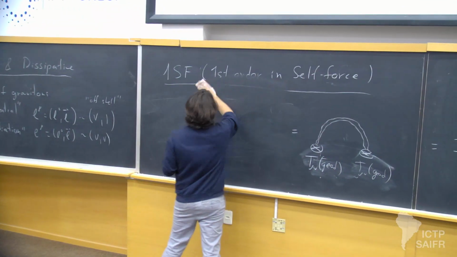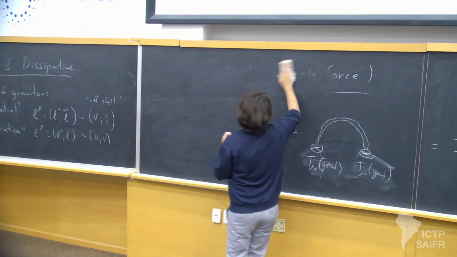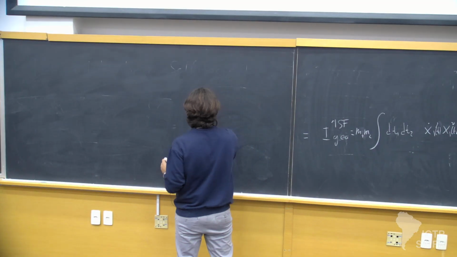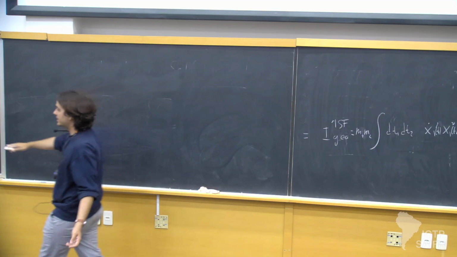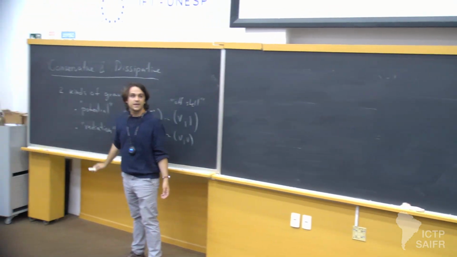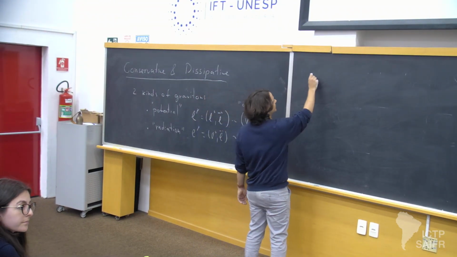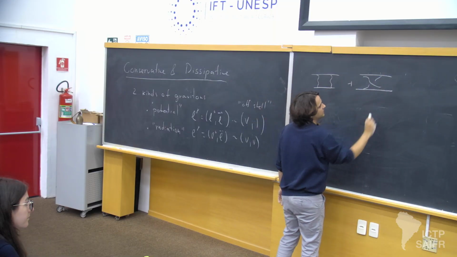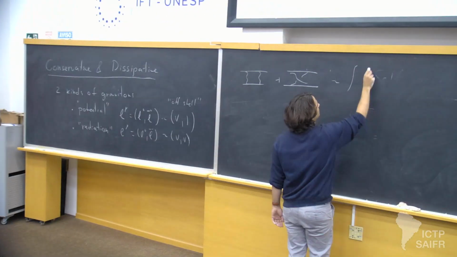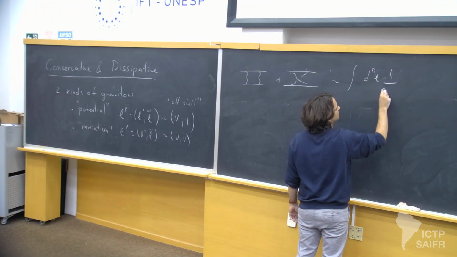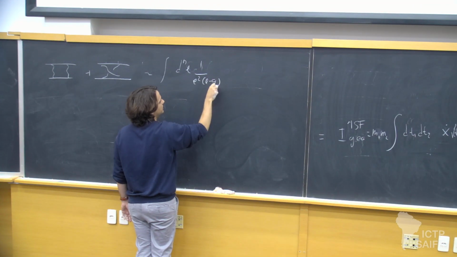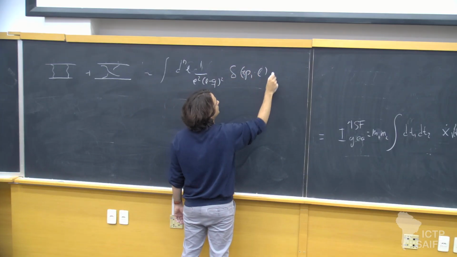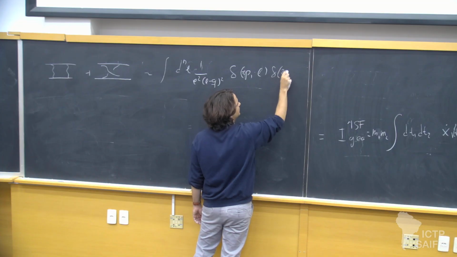So let's see quickly that, for instance, in this triangle diagram, or in this box diagram that we computed, there are no radiation gravitons, there is nothing that can escape to infinity. Remember that the sum over this box and this crossed box went something like ∫d^dl 1/l^2 1/(l−q)^2 δ(p1·l) δ(p2·l).